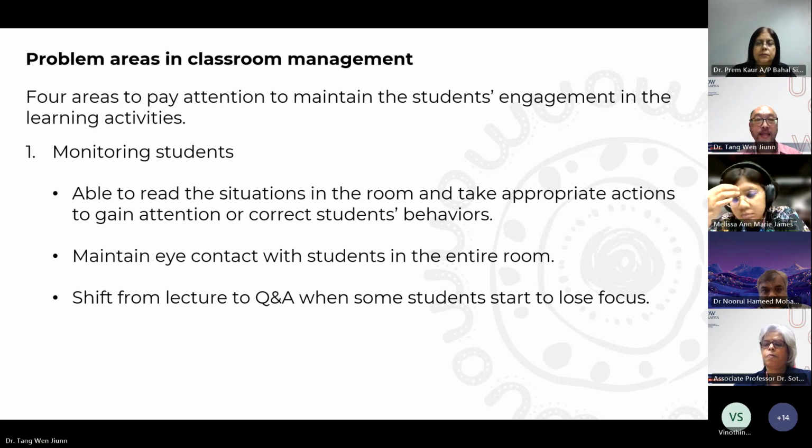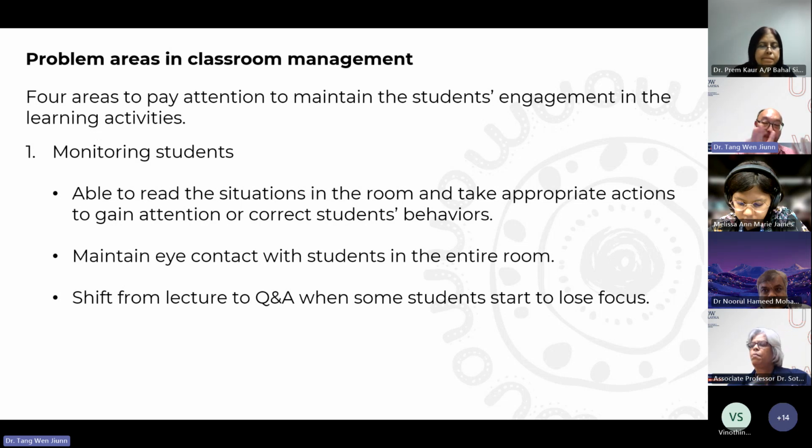During the lesson, if we see some students showing expressions like blur or tired, that's where we can stop and change the pace or activity. Maybe stop for a while and go for Q&A so that they get alert again. Or if it has been an hour, then we give them a break. That's where the monitoring is very important.